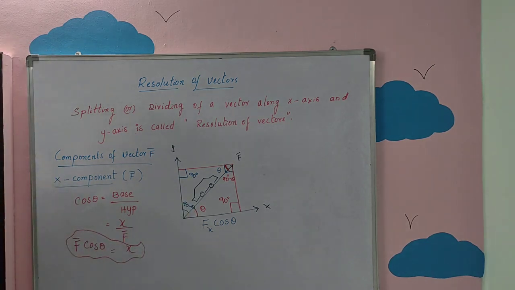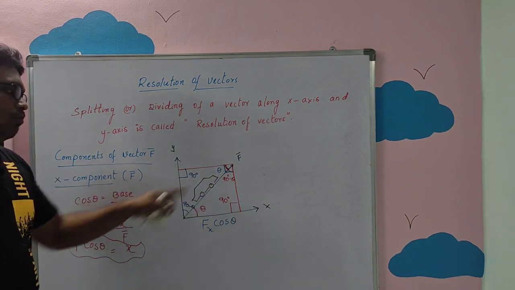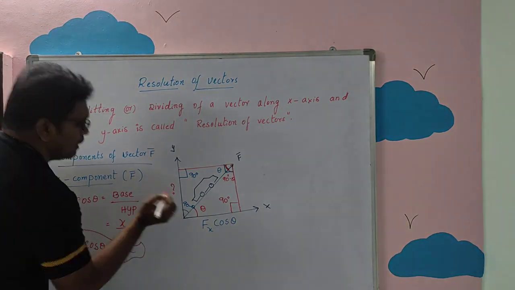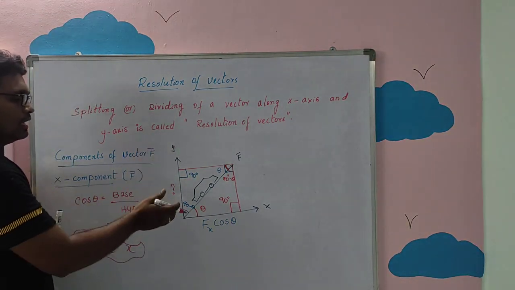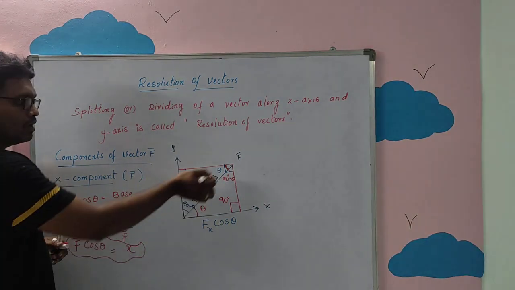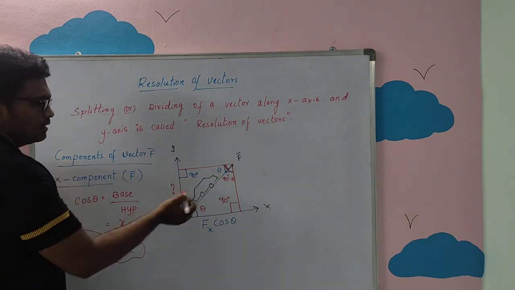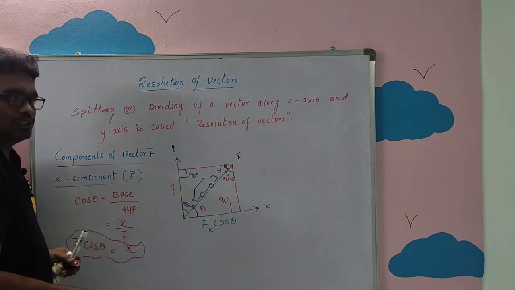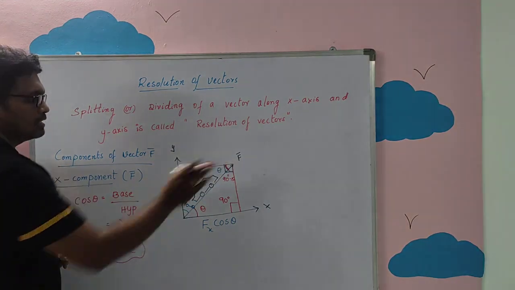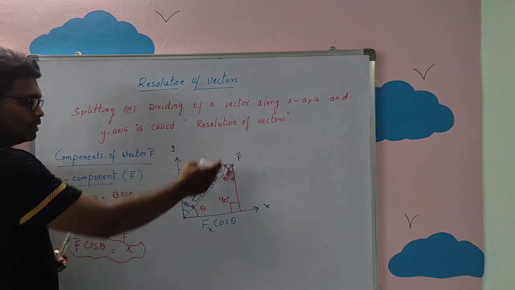Clear? Right. So, now see the diagram. This is theta, and what we are going to find out now is the force vector along the y axis or y direction. So, this is the question mark here. What is this side to the theta according to the right angle triangle? To this theta, this side is nothing but the opposite side. We know the hypotenuse, that is equal to our force. You want to find the opposite side, you know the hypotenuse.